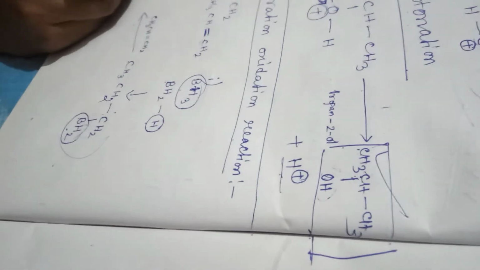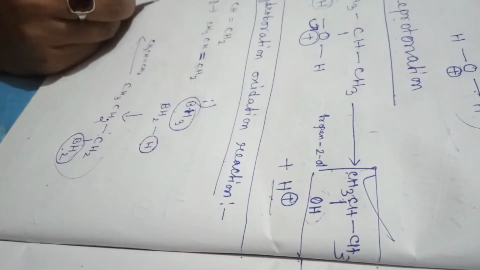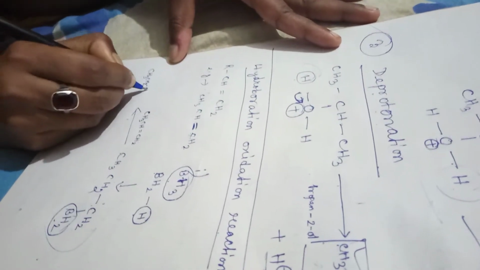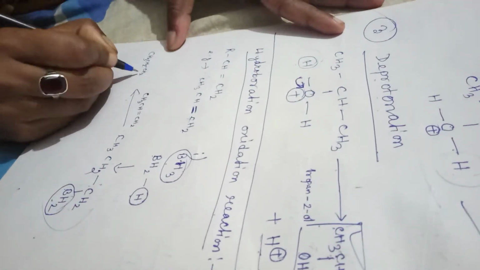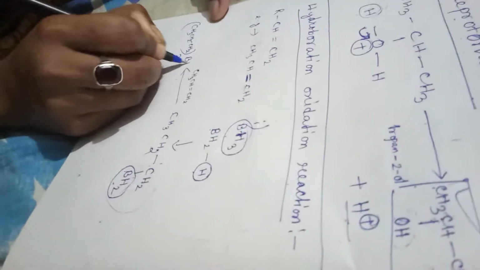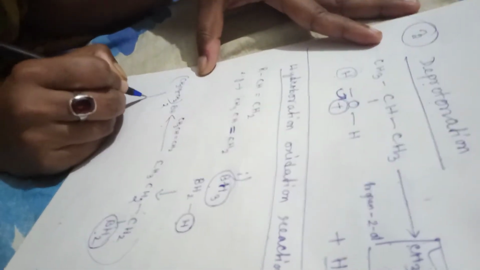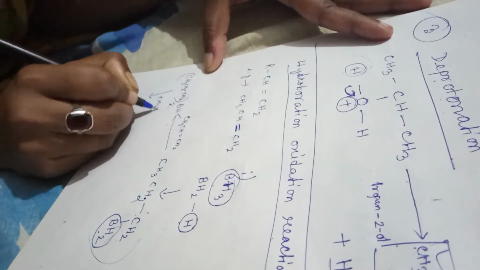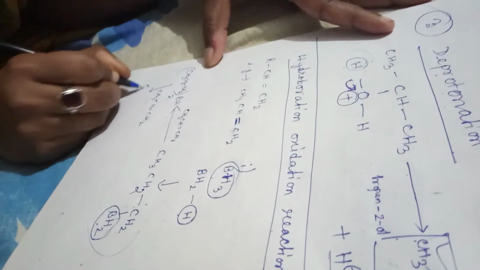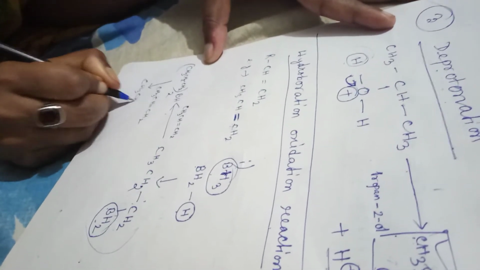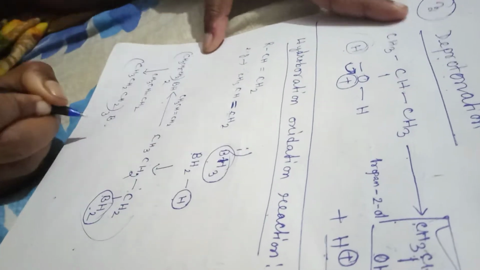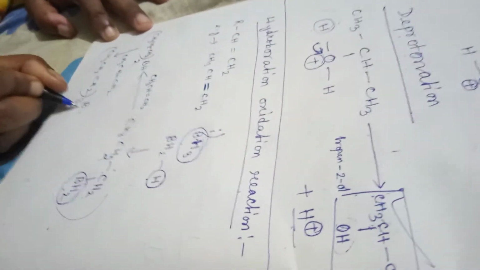So the next compound will be (CH3 CH2 CH2) whole twice BH. Then if another molecule of CH3 CH double bond CH2 is added, it will be (CH3 CH2 CH2) whole thrice B. This is tripropyl boron.